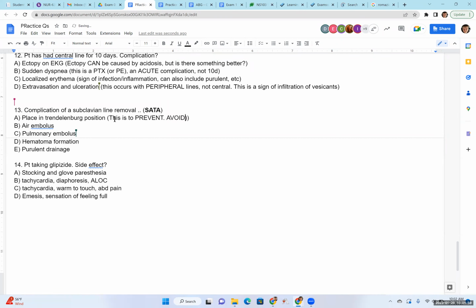And we would avoid high Fowler's, and we would avoid other things, right? Air embolus, is that a complication of subclavian line removal? Yes. Air can enter if the blood gravity is not down with Trendelenburg. All right, pulmonary embolus, is that a complication of subclavian line removal?